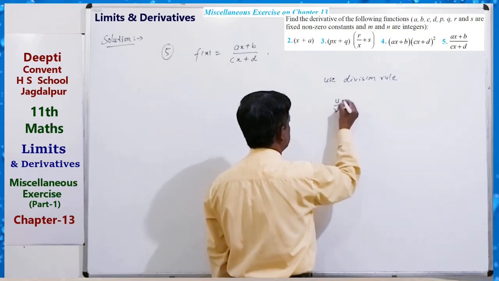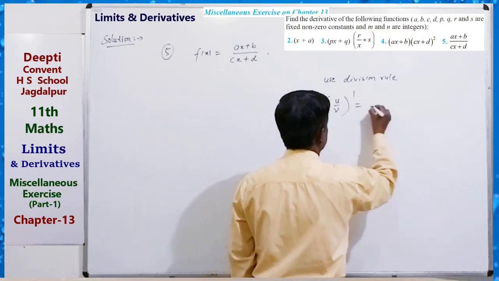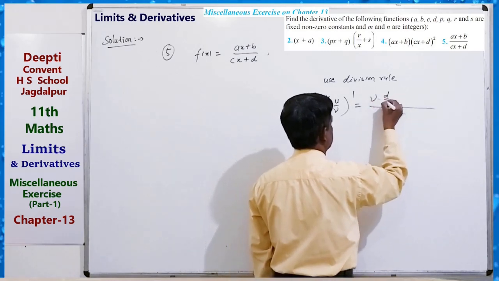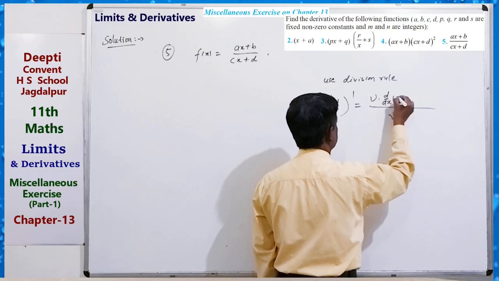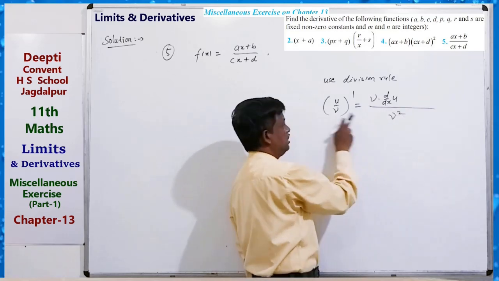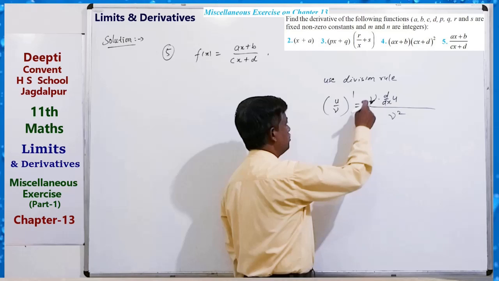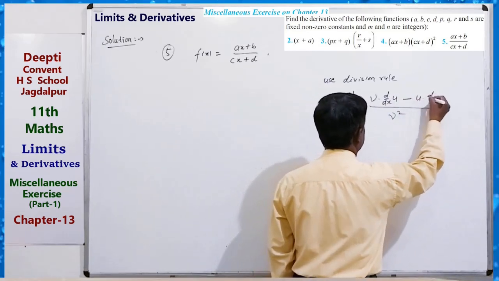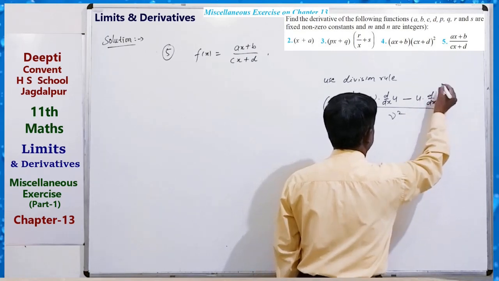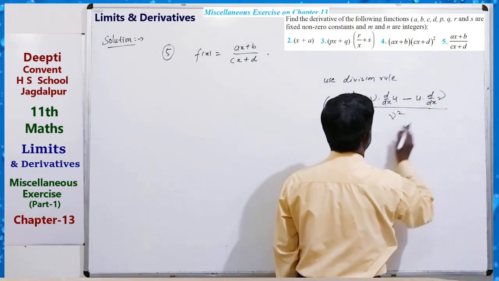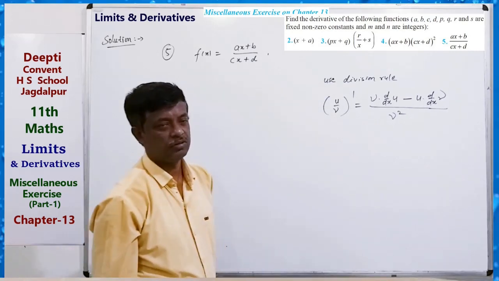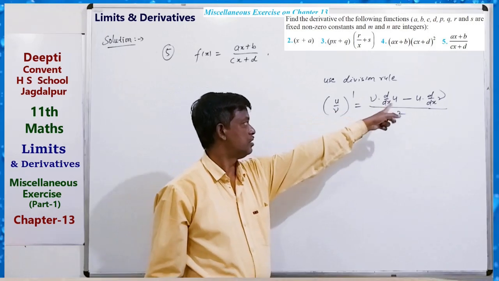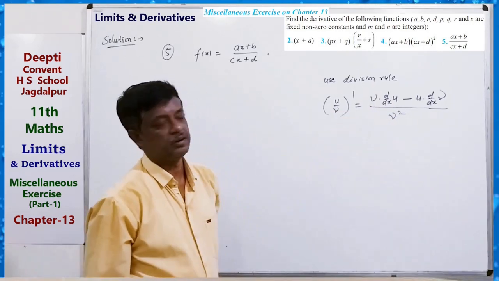Derivative of u by v is equal to what? 1 by v square, denominator square, into v derivative of u minus u derivative of v. So this is the division rule. V square, denominator, into derivative of numerator minus numerator into derivative of denominator.